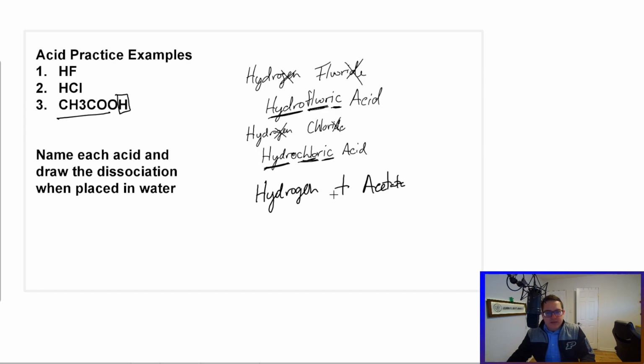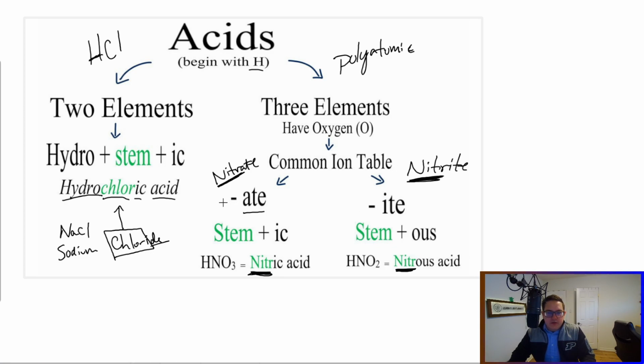So what we're going to do is look at what kind of ending we have. We have an ATE ending. If we go back to our note, ATE endings, we chop off the ending, leave the stem, and add ic.